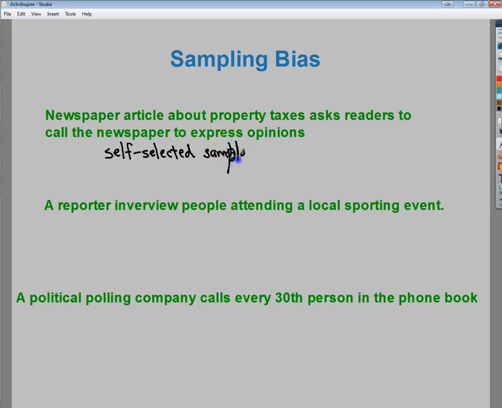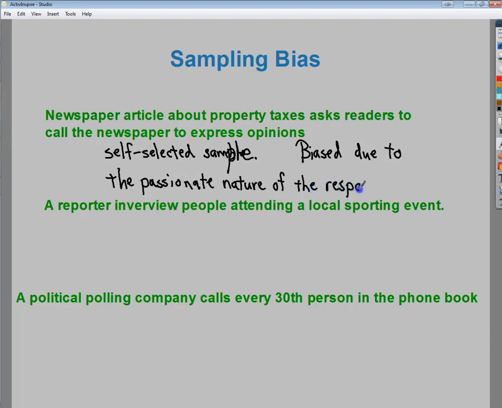Not sample, sample. And this is a bias method because you basically get the passionate people, due to the passionate nature of the respondents.